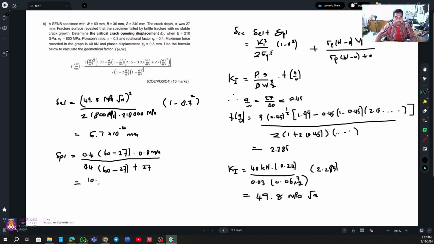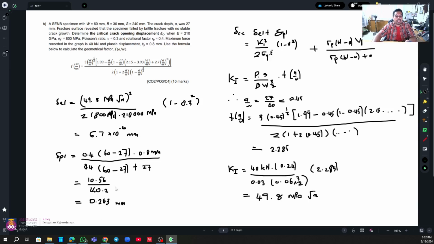This is 10.56 divided by the rest, 0.4 times 60 minus 27 is 13.2. 13.2 plus 27, you will obtain 40.2. Then from here, the answer should be 10.56 divided by 40.2. You will obtain 0.263 mm.